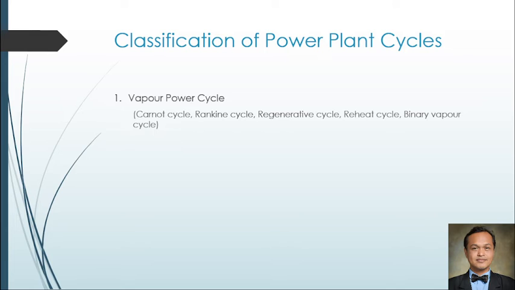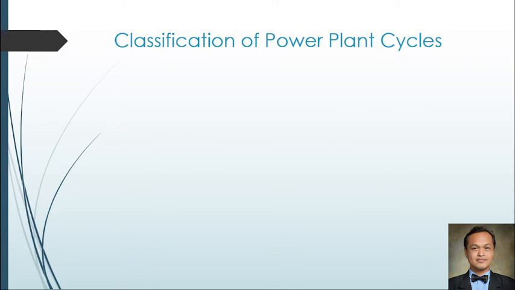This is used mostly in a thermal power plant, wherein the cycles involved are the Carnot cycle, Rankine cycle, regenerative cycle, reheat cycle, and binary vapor cycle, while the other is the gas power plants, wherein the cycles that can be related to a gas power cycle are the Otto cycle, diesel cycle, dual combustion cycle, and gas turbine cycle. So let's have a brief understanding of these different types of cycle.